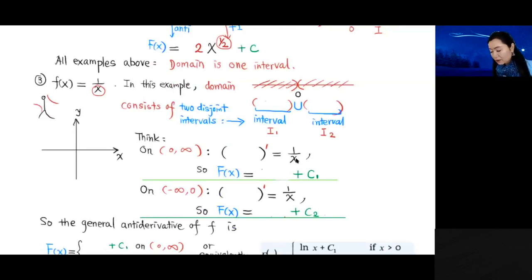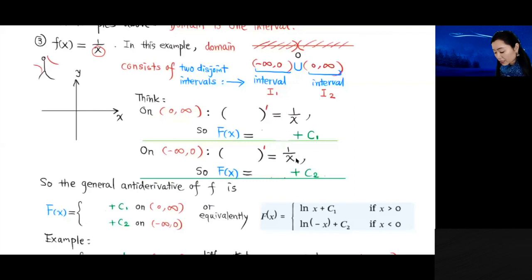Okay. Now over here, 1 over x. X cannot equal 0. So the domain will be all real numbers except 0. So it is negative infinity to 0, union 0 to infinity. So you have 2 intervals that don't connect together. Now, what does the graph look like?